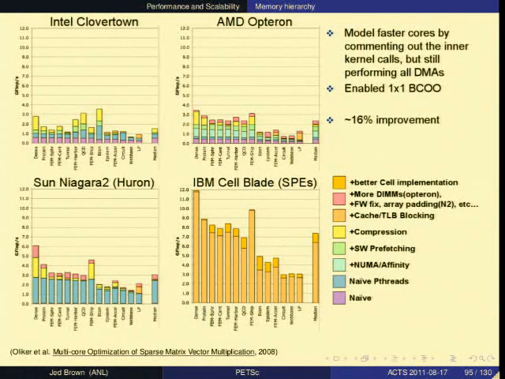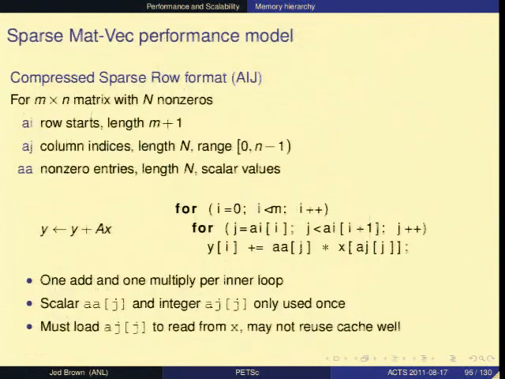That's because you run into the memory bandwidth issues. Clovertown is an exceptionally bad machine. Less than 10% of peak. Often you can just compute the hard upper limit, which is a bandwidth bound.